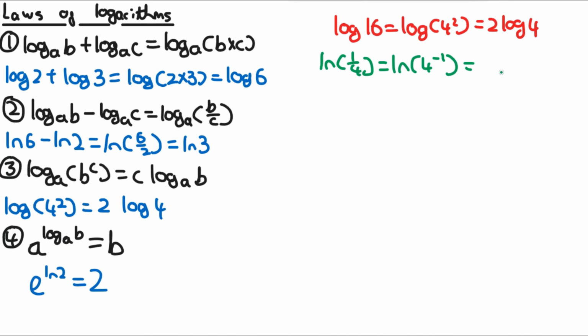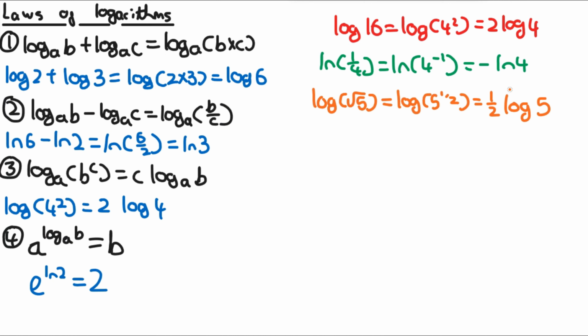This minus 1 can come down as the coefficient to become minus the natural log of 4. If we have a square root in our log, so for example, the log of the square root of 5, this would be equal to the log of 5 to the power of a half, and the coefficient would come down to a half log of 5.